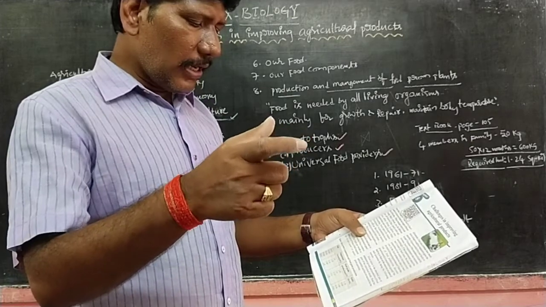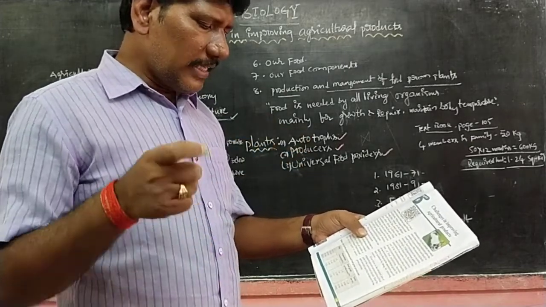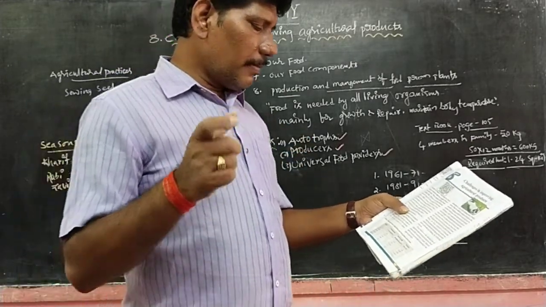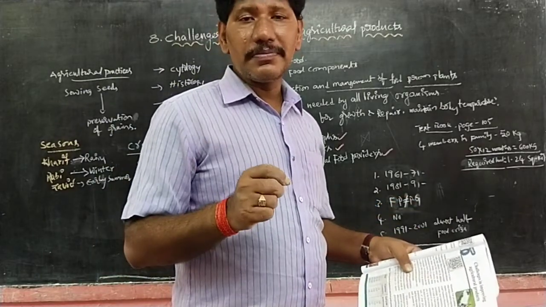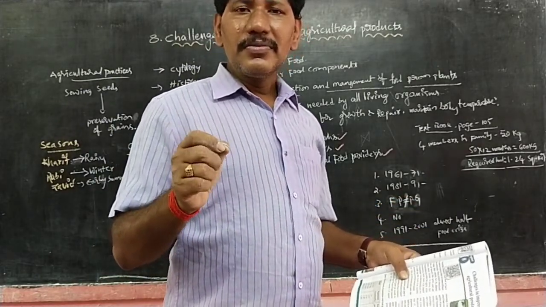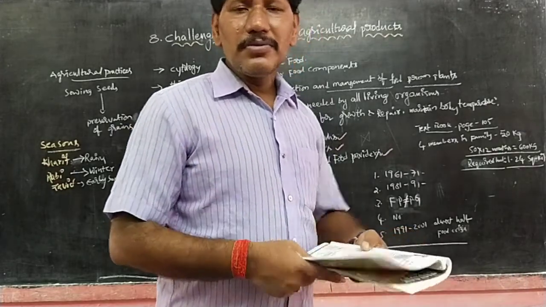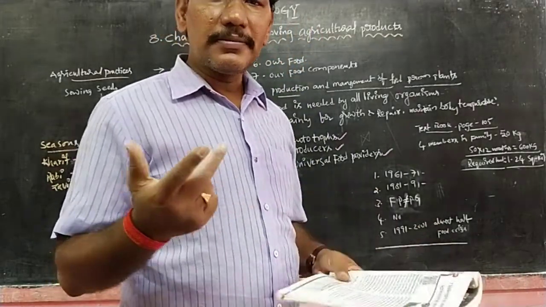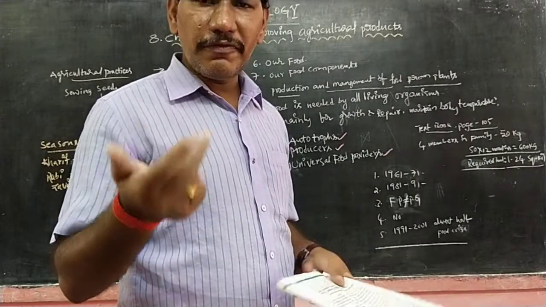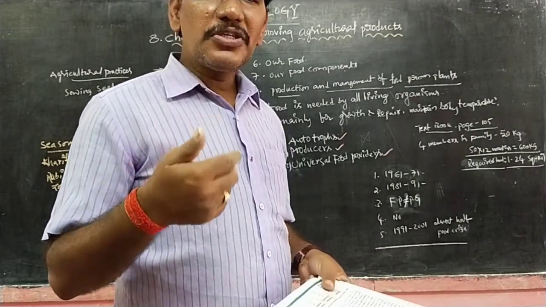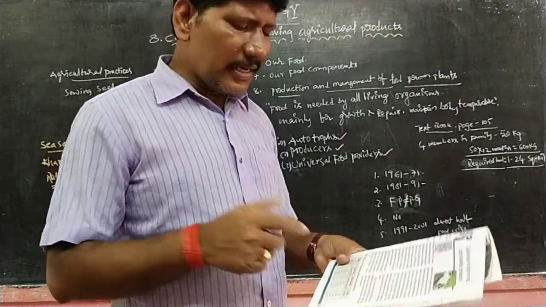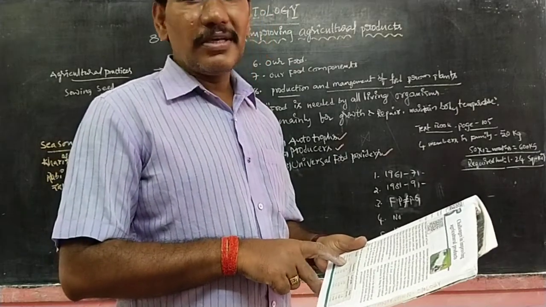When compared to all the decades, the highest population growth is in 1961 to 71. There was no family planning awareness among the people, so everyone had more than 3 to 5 children. So the population growth was heavy during that decade.